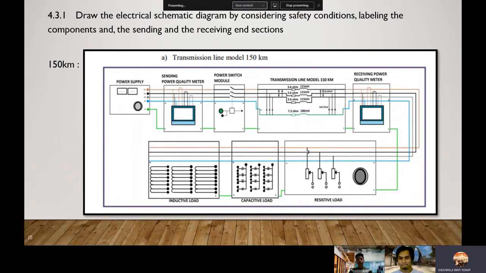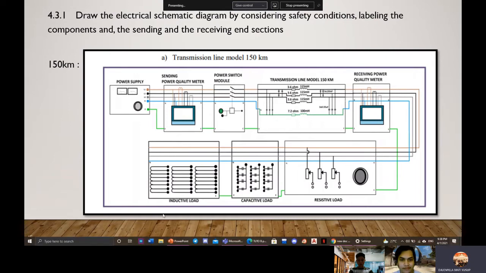Next, draw the electrical schematic diagram considering safety conditions, labeling the components and the sending and receiving end sections. For the 100 kilometer, this is the schematic diagram for the transmission line model 150 kilometer.